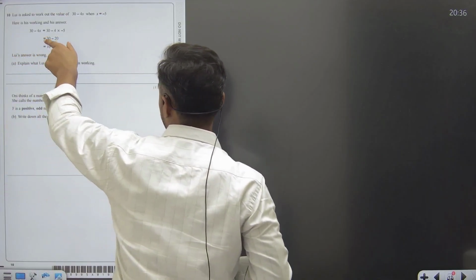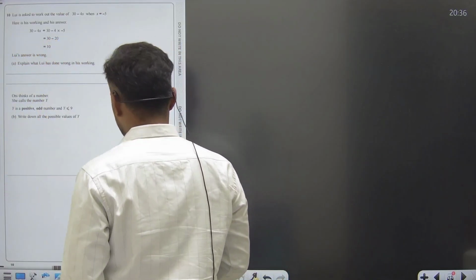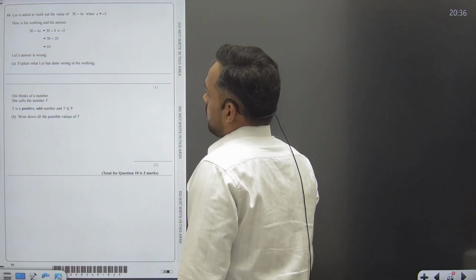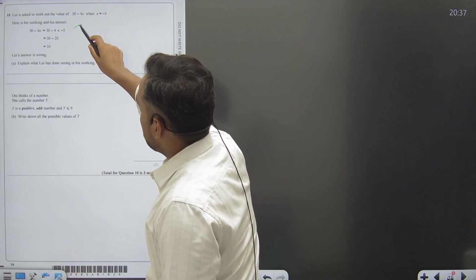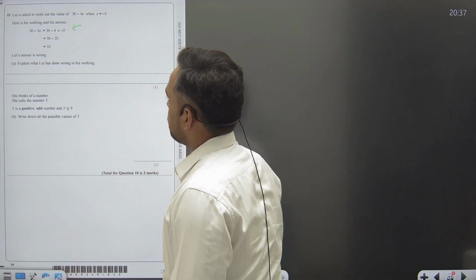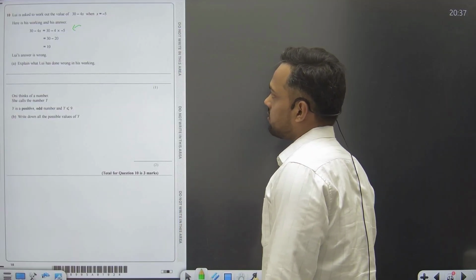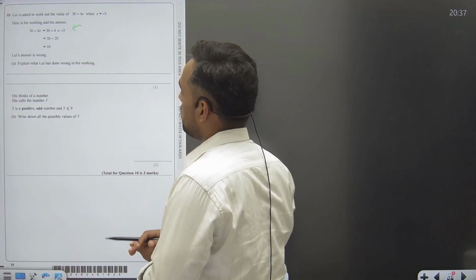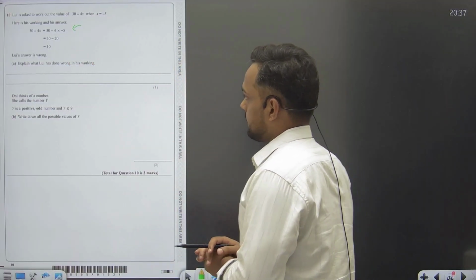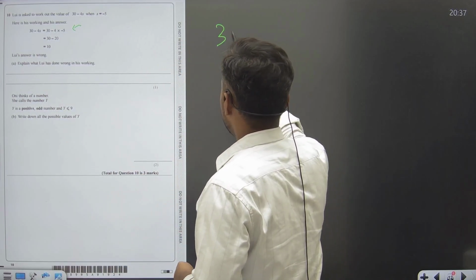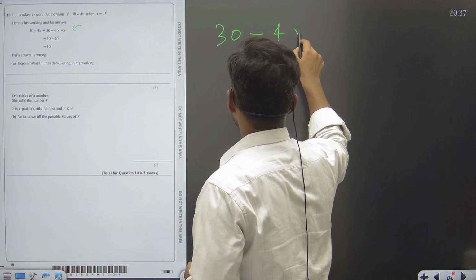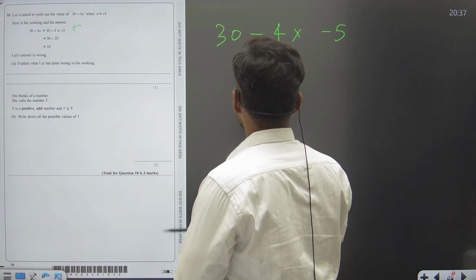Here is his working and his answer, 30 negative 4x. So what Louis did here, students, see, negative 4 and negative 5, she multiplied them, but the solution she has written is 30 negative 20, which is wrong. Explain what Louis has done wrong in this working. So I will tell you, 30 negative 4 times negative 5.